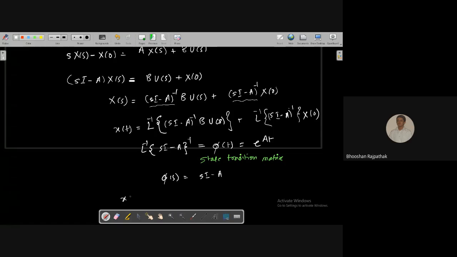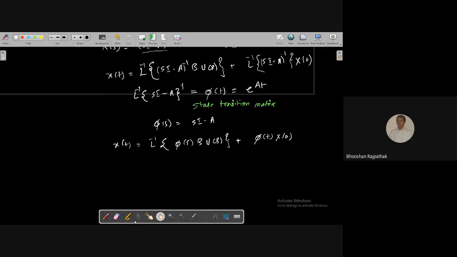So x(t), which we are interested in, is essentially phi(s) B U(s) plus phi(t) x0. Okay, so this U(s) is one function of s, phi(s) is another function of s.